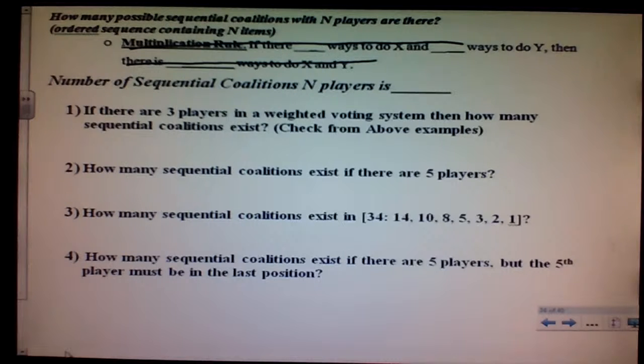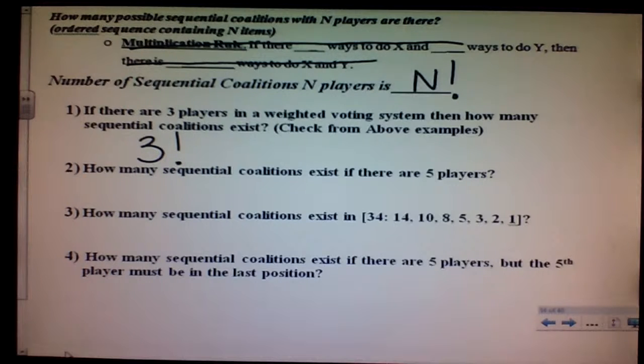So we learned factorial because that is the equation that tells you how many sequential coalitions there are. Just like I gave you 2 to the n minus 1, which tells you how many total coalitions there are, factorial will tell you how many sequential coalitions there are. If I have n players, I do n factorial, and that tells me how many sequential coalitions I have listed. So n is how many players you have. Number 1: 3 factorial.